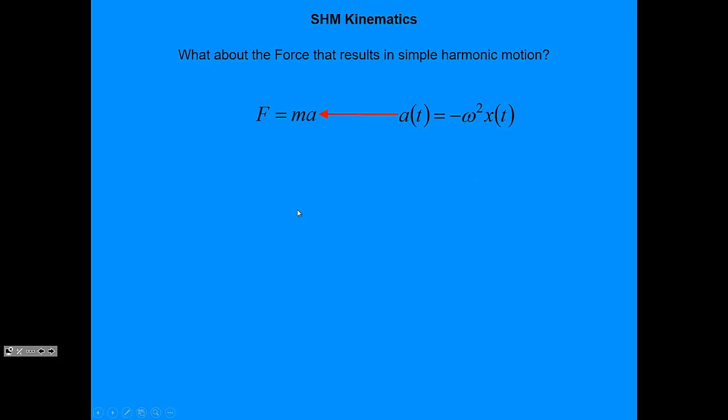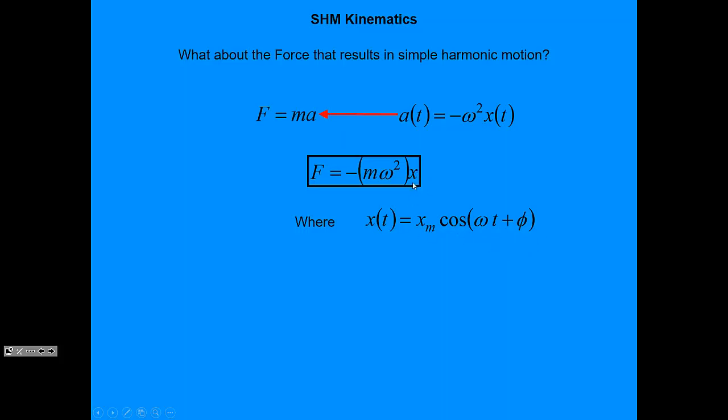Plug this in for a, and we get a force function. Now be careful, it's negative m omega squared times x. But this again is a loaded x. This is really x as a function of time, which for a simple harmonic oscillator is x sub m cosine of omega t plus phi.